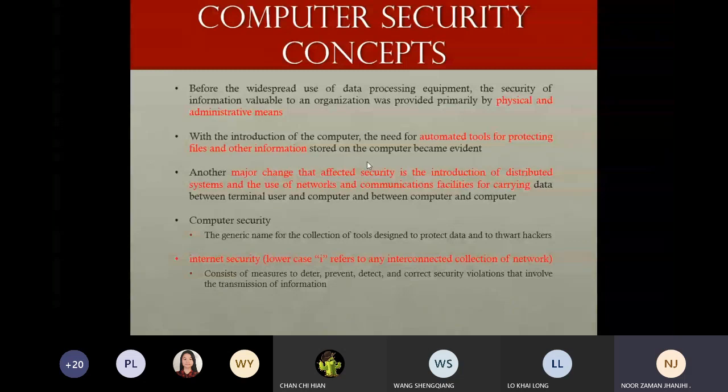But once computers were introduced, automated tools were introduced as well to protect our files and other information stored on the computers.